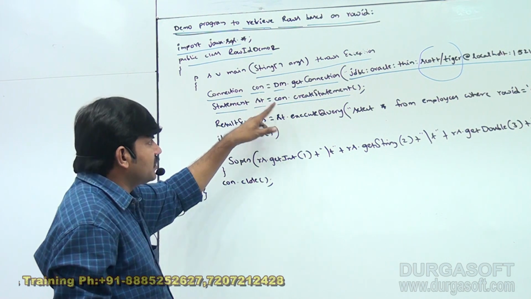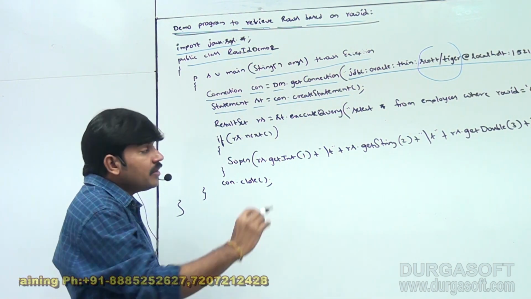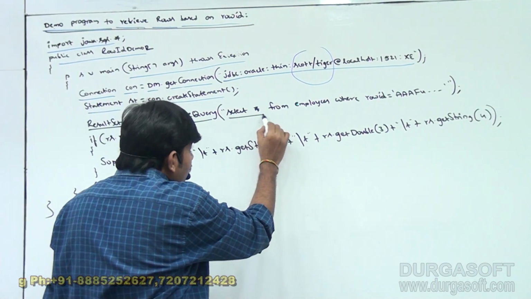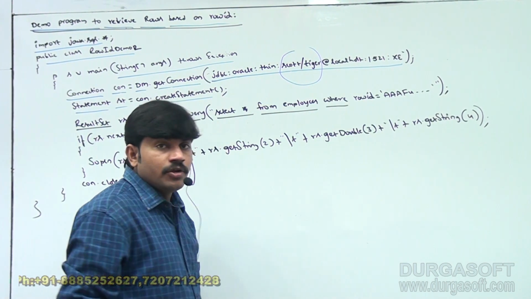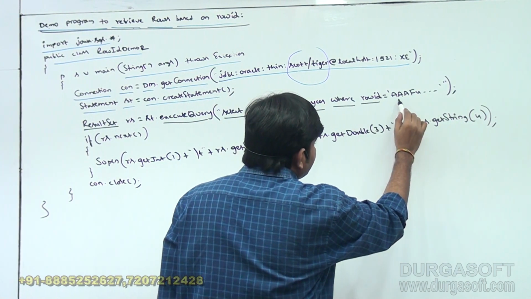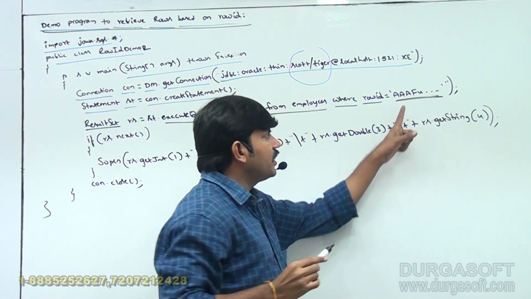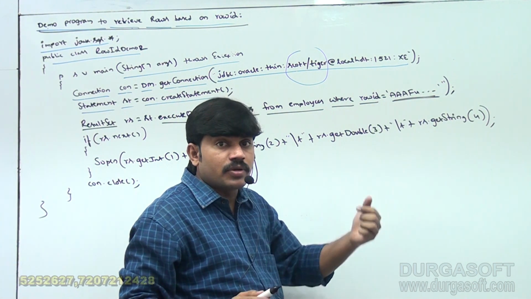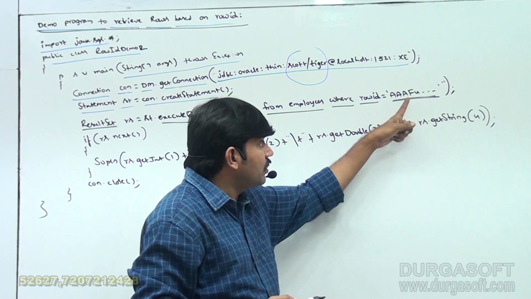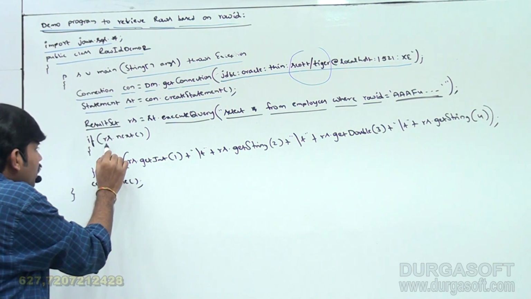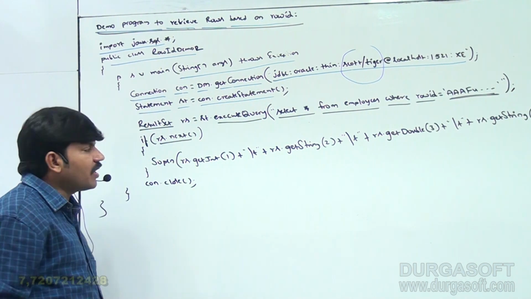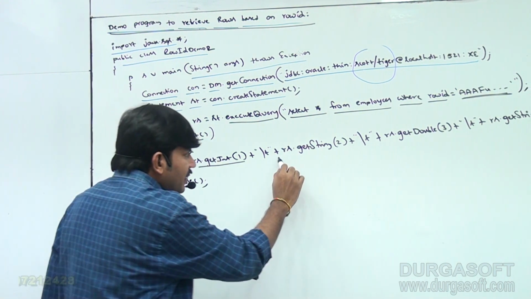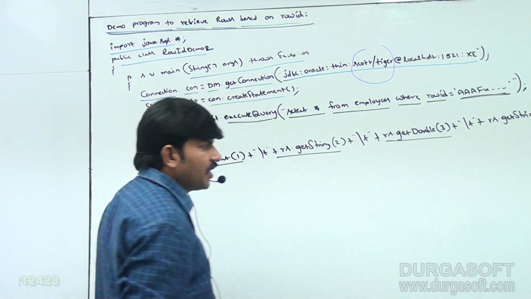Next statement: Statement st = con.createStatement(); ResultSet rs = st.executeQuery("select * from employees where rowid = "), whatever row id you have, just provide that row id. Okay, that's all. We already know that. Now, if rs.next(), System.out.println rs.getInt(1), rs.getString(2), rs.getDouble(3), and so on.